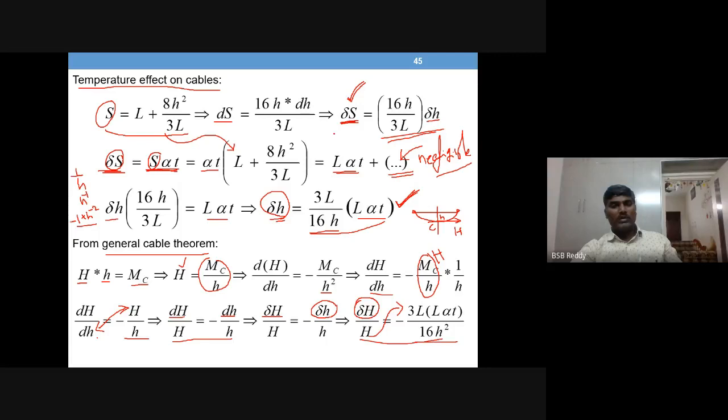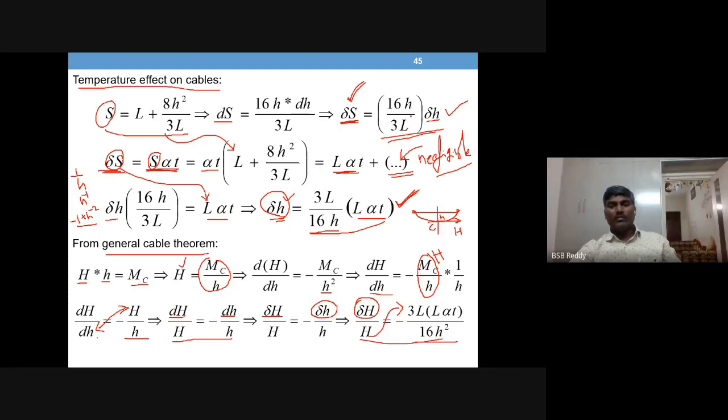Then convert that into a simple form by neglecting the higher order or negligible terms. So finally, delta S, you can write as L alpha T. I already derived an expression. Substitute that, you will get the delta H expression.